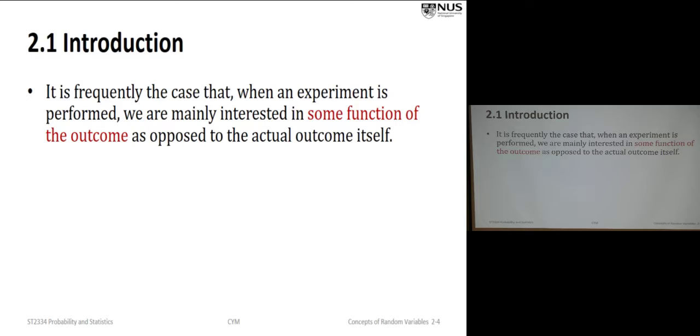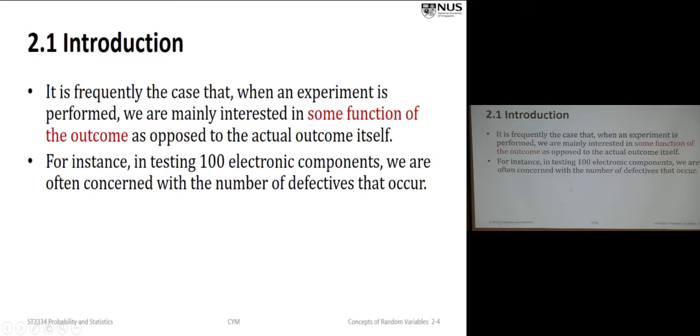The number of heads is either 0, corresponding to the outcome of 2 tails, or 1 head, 1 tail, which means the number of heads is 1, or 2 heads, then the number of heads is 2. So instead of looking at the individual outcomes, now I am interested in a number. And this number represents the number of heads in tossing 2 coins.